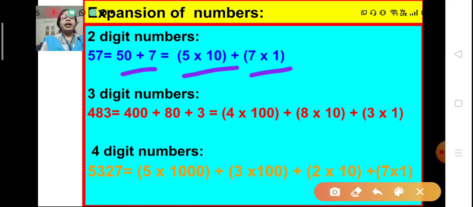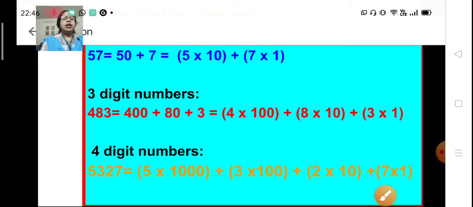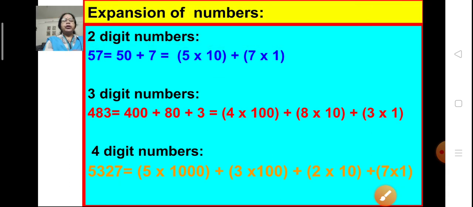This is how we expand the numbers. And if we have a 3-digit number like 483, then it is 400 plus 80 plus 3, where 3 is in ones, 8 is multiplied by 10, and 4 is multiplied by 100. And when we have 4-digit numbers, then what do we do?